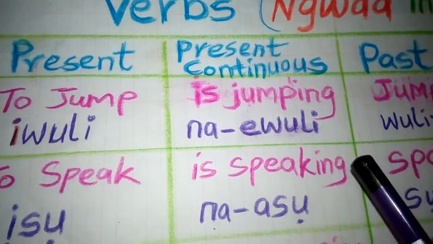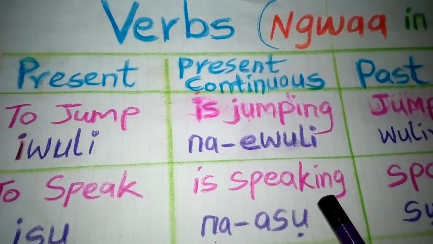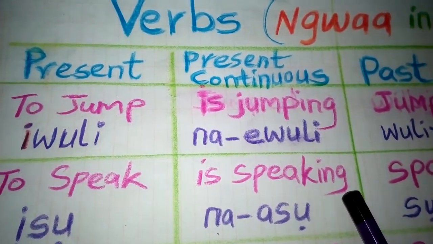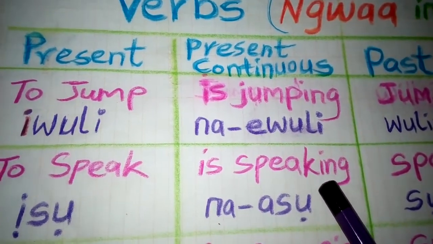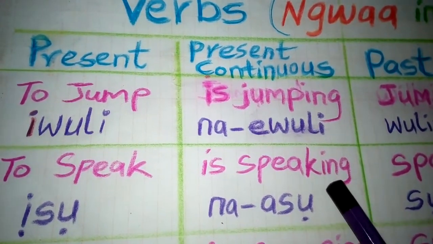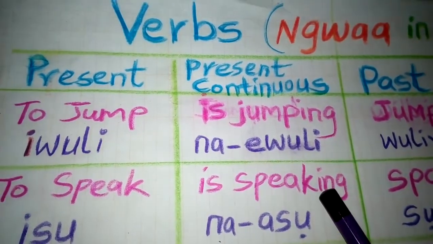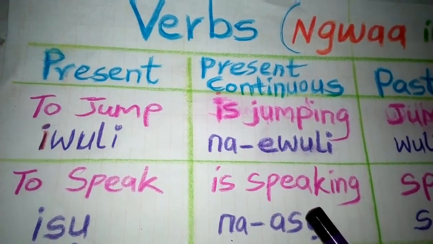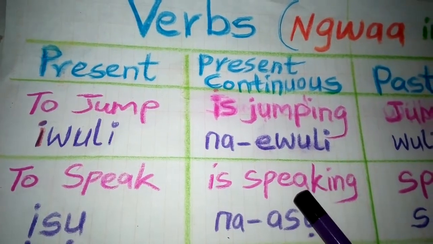Verb is ngwa in Igbo language. A verb is a word used to express action. In a short, simple sentence, you can say that a verb is a doing word, or simply an action word.